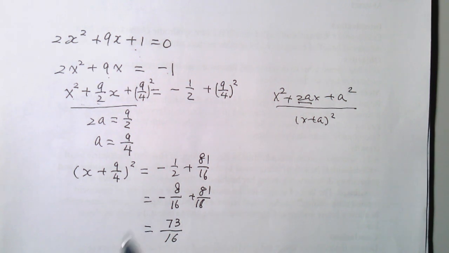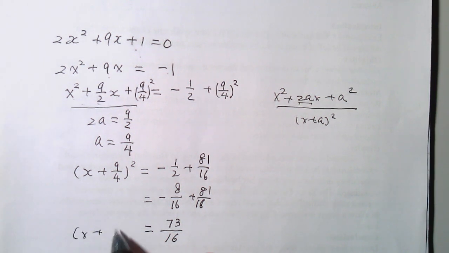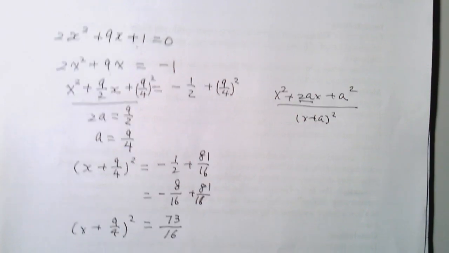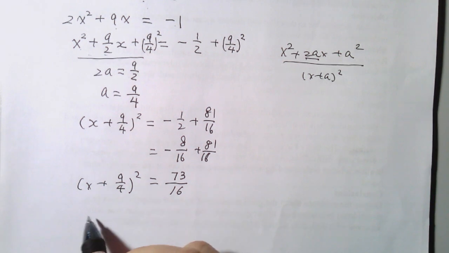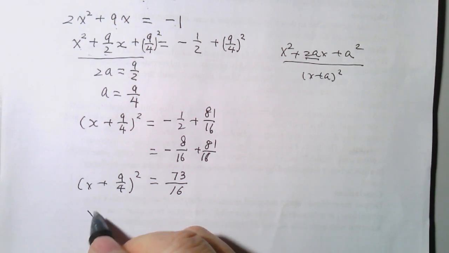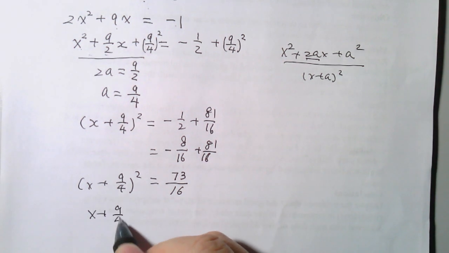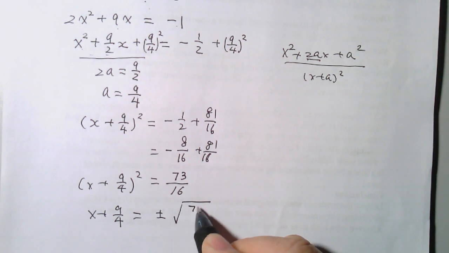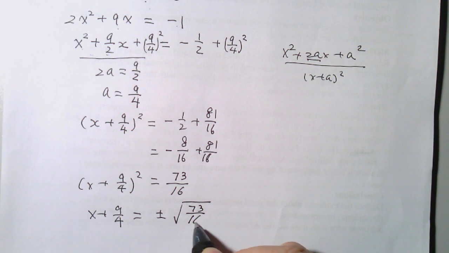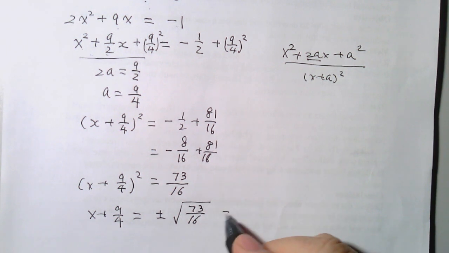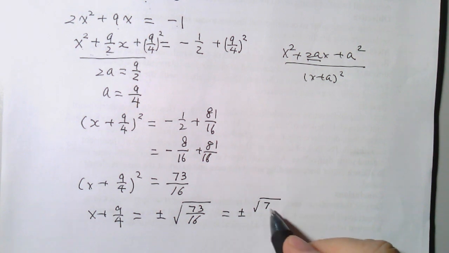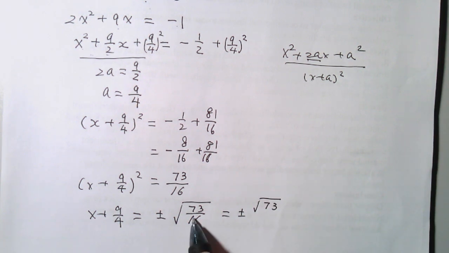Okay, so now I have x plus 9/4 squared equal to 73 divided by 16. I square root both sides. x plus 9/4 equal to plus minus square root of 73 divided by 16, which gives us plus minus square root of 73. You cannot do anything here. Square root of the denominator, which is 4.